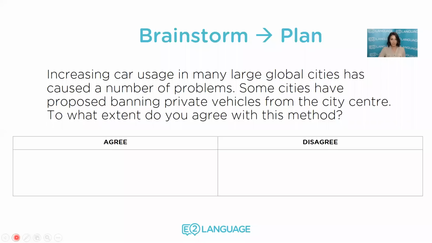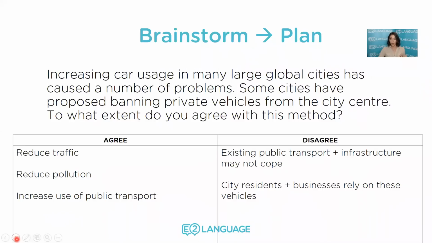to really focus it. So back to our original question about car usage, and some cities should ban private vehicles in the city centres. To what extent do you agree with this method? I'm just going to spend about a minute thinking about ideas for both agree and disagree, looking at the pros and cons of banning cars in cities. So on the one hand, there are 3 reasons why I could agree with this.